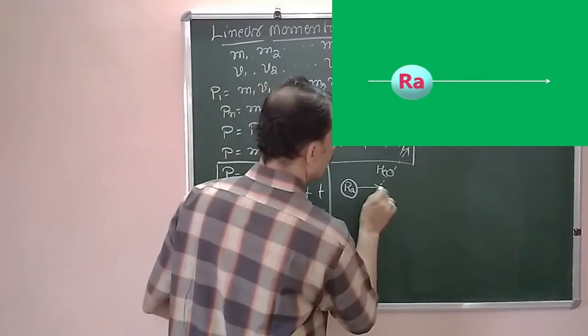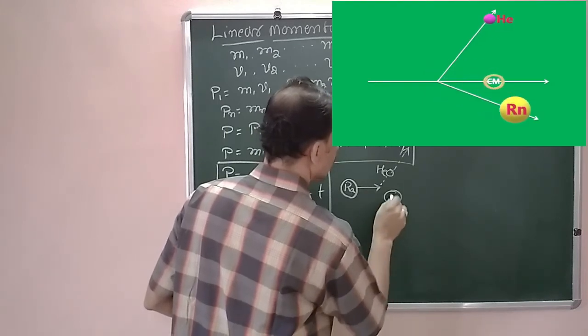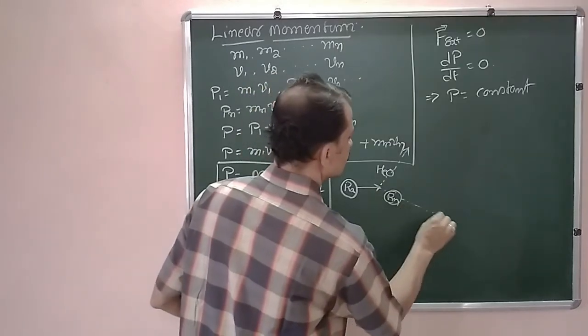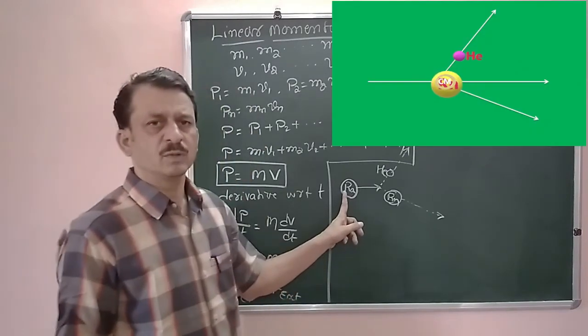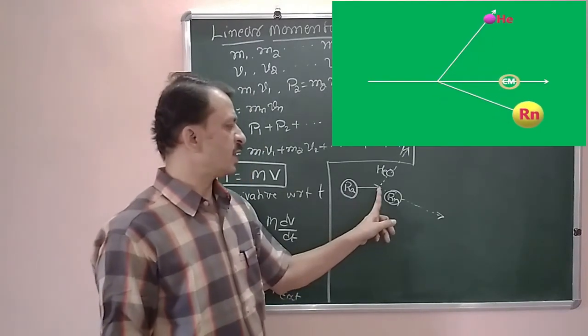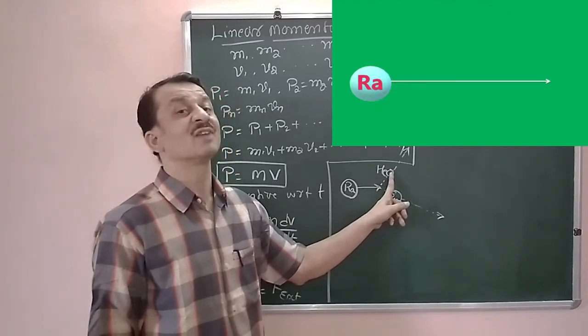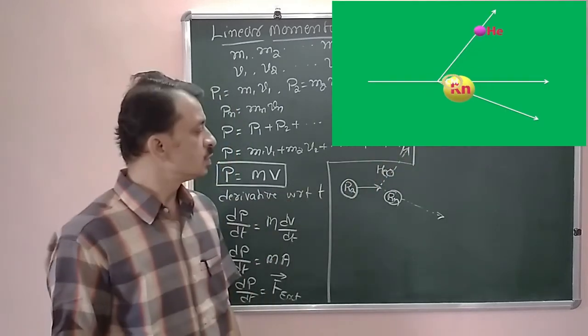At the same time, the radium becomes radon. It decays to another particle, and it moves along this direction. Look here, the unstable radium nucleus at this position emits a helium nucleus, or an alpha particle, which moves in this direction.